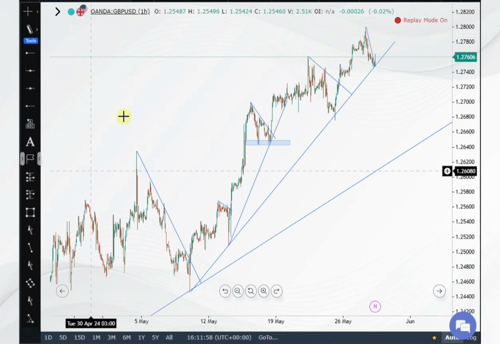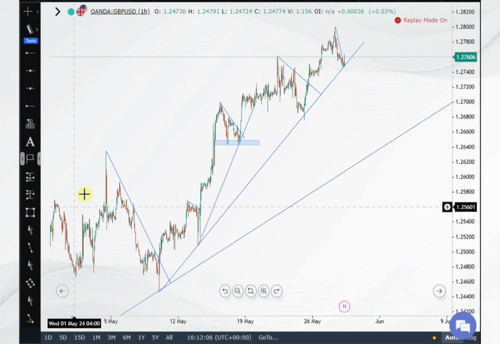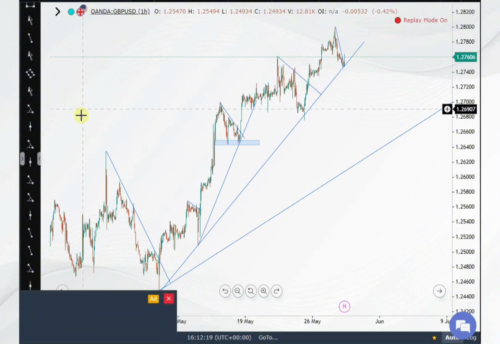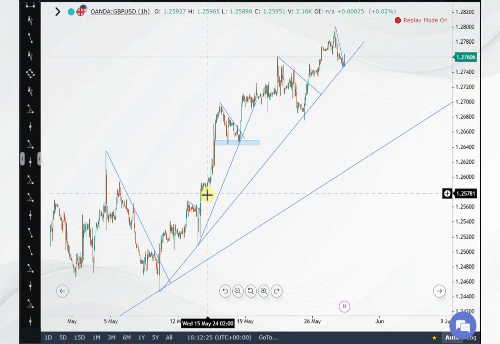So we have impulse and correction. Swing high is just the same thing as saying an impulse. An impulse move is a long move to the upside, like a swing to the upside. Sorry, an impulse is a long candle to the upside with a retracement to the downside, just something like this.